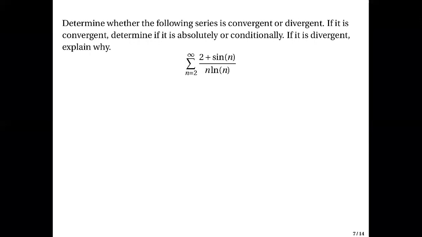Now, since sine n in absolute value is less than or equal to 1, this 2 plus sine n is greater than or equal to 1, but less than or equal to 3.